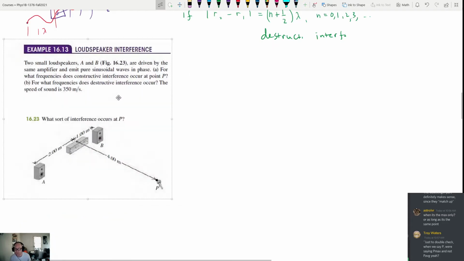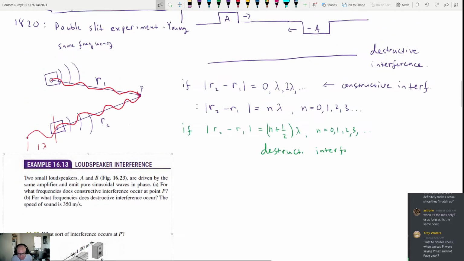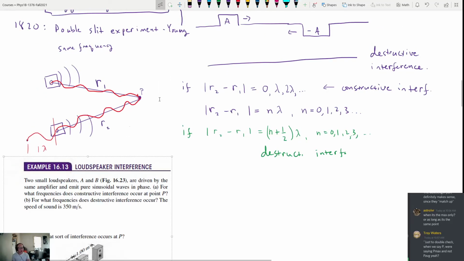So let's do an example. So here we have loudspeaker interference. By the way, let's say one other thing about this. You should not expect that you can test this at home, and here's why.